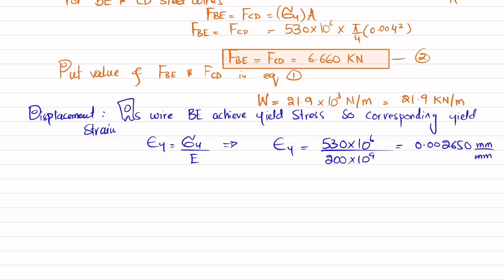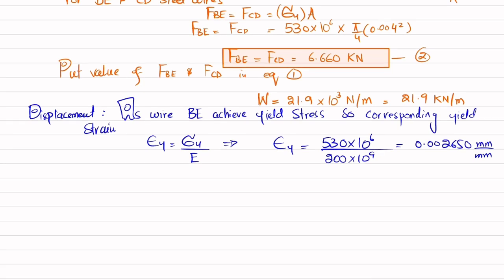Now we have this yield strain. So we will find the change in length of this wire BE. We know that strain is equal to change in length over original length. So for BE wire, clear? This yield strain in wire EB or BE will be equal to change in length of BE divided by original length of BE. So change in length of BE will be equal to LBE multiplied by yield strain.